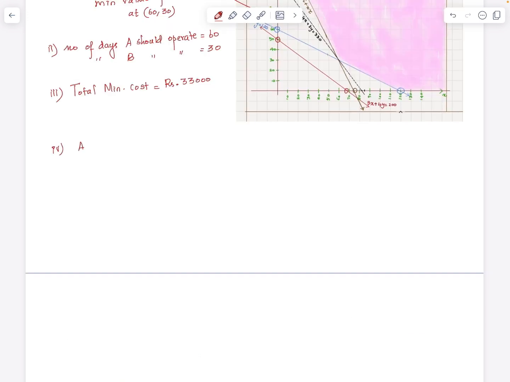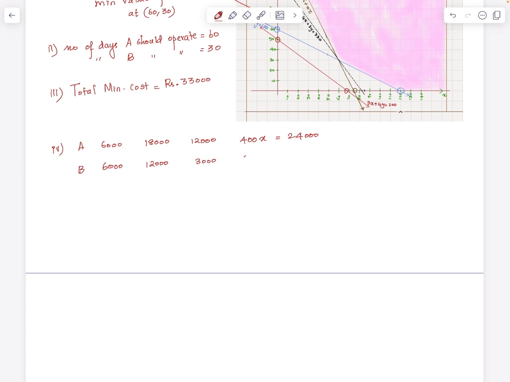A produces 6,000 barrels of high grade, 18,000 barrels of medium, and 12,000 barrels of low grade. And the operation cost was 400, so 400X, which gives us 24,000. And for B, it produces 6,000 barrels of high grade, 12,000 barrels of medium, 3,000 barrels of low grade.